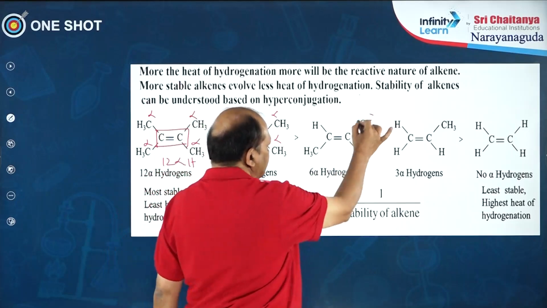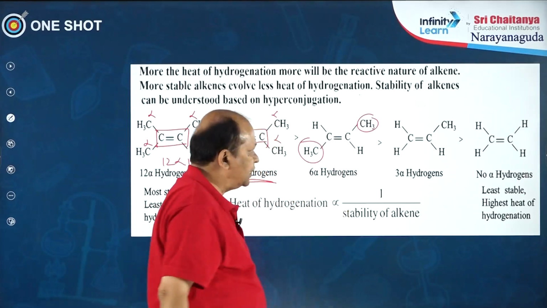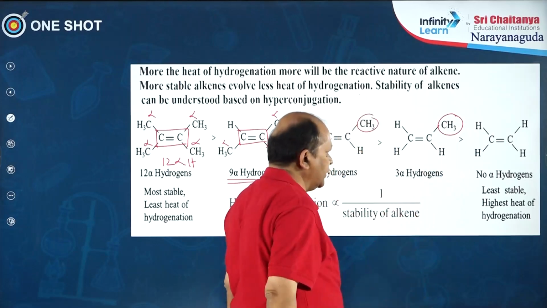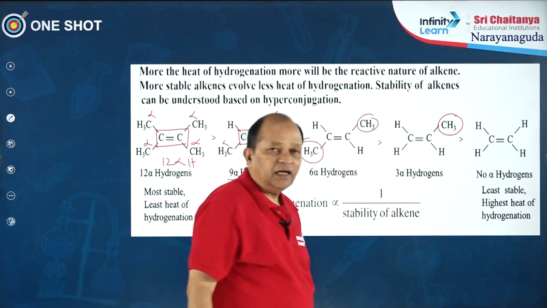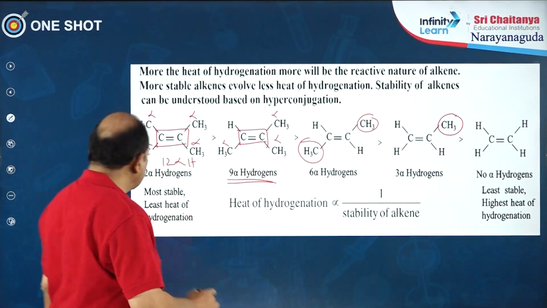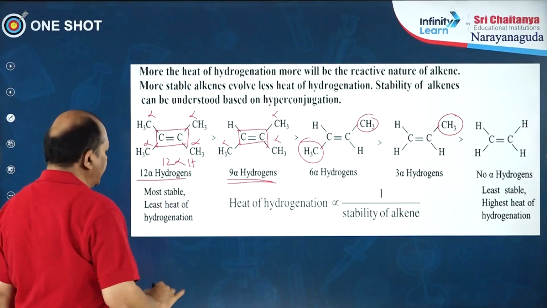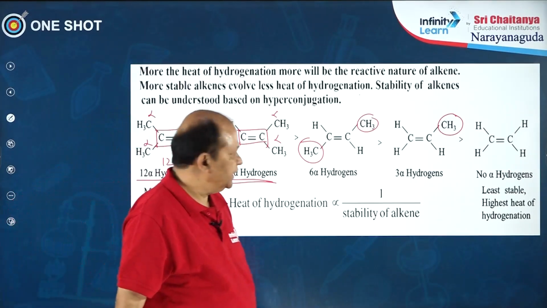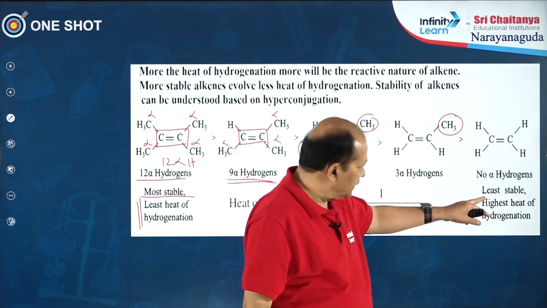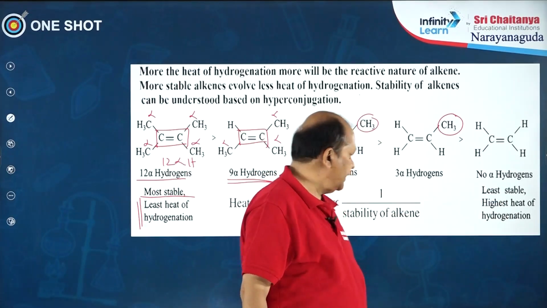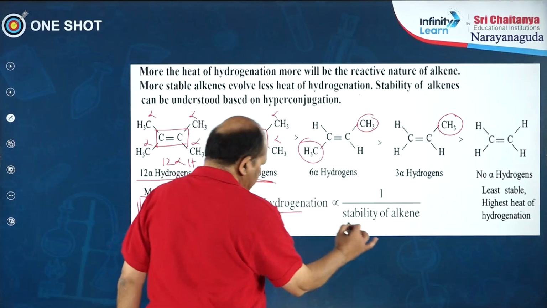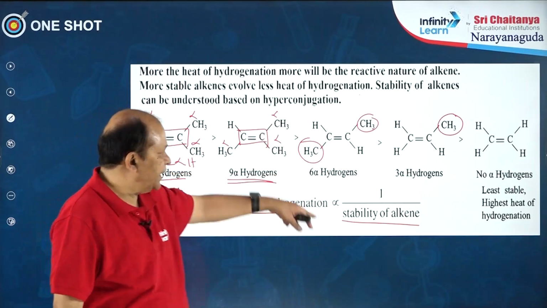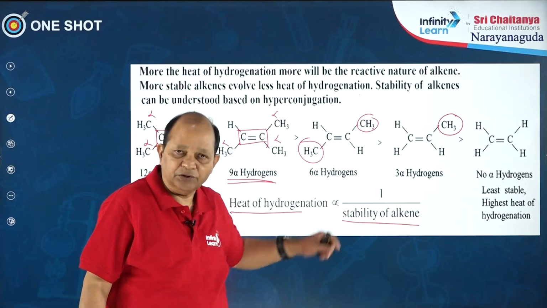In butadiene, there are only 6 alpha hydrogens, in propene there are 3 alpha hydrogens, and in ethene there are no alpha hydrogens. So, the more the number of alpha hydrogens, the more stable and the lower the heat of hydrogenation, and here you can see least stable, highest heat of hydrogenation. So, heat of hydrogenation is inversely proportional to stability. This fact is based on hyperconjugation.